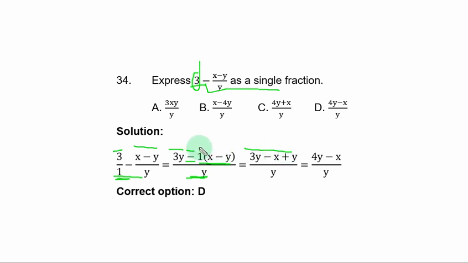That is minus times minus is plus. If you add like terms, 3y plus y is 4y minus s over y. That is the single fraction. By this, D is the correct option.